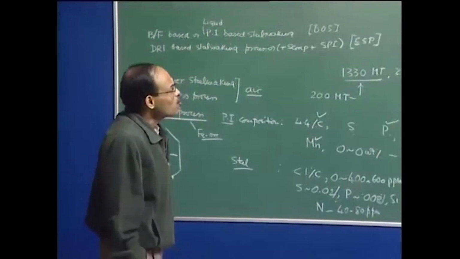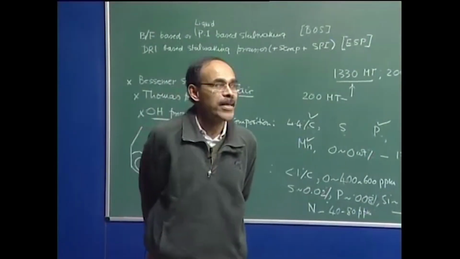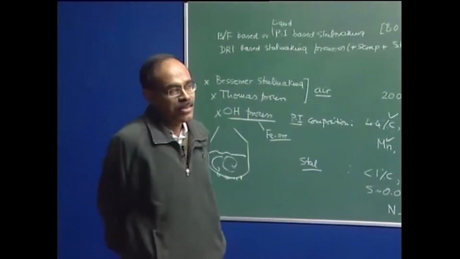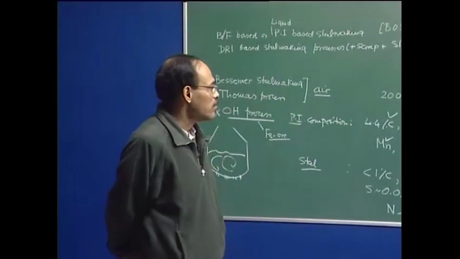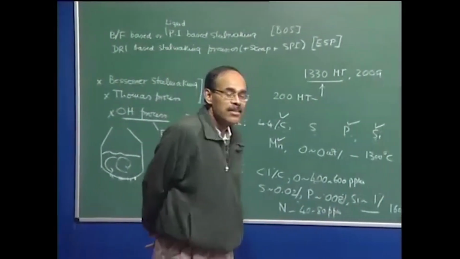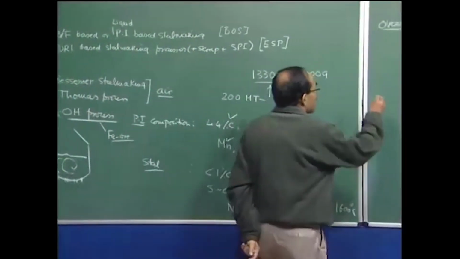When we talk of the modern steel making process, we are talking of the era of oxygen steel making, that means the post 1950 years, and steel making that is mostly the oxygen steel making processes.